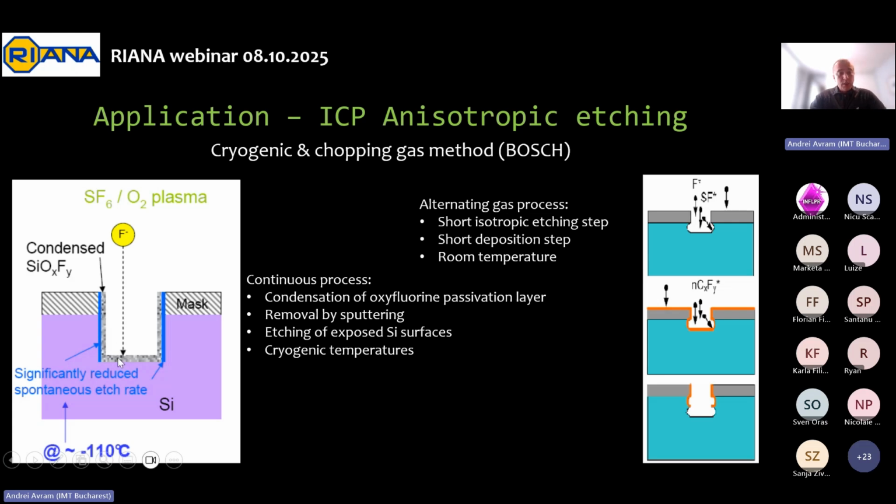As in the Bosch process, you just remove this passivation from the horizontal surfaces by ion bombardment, while the fluorine radicals continue to etch. This is the continuous process. They can be used for different types of processes. The cryogenic process is a little bit more complicated because you need to cool down your chamber a lot. But depending on the application and the end result, these two technologies are complementary.